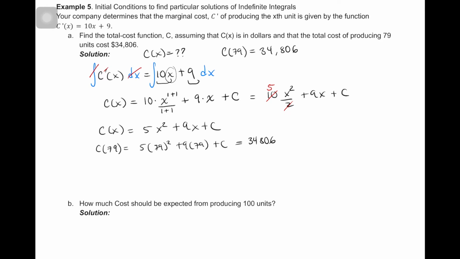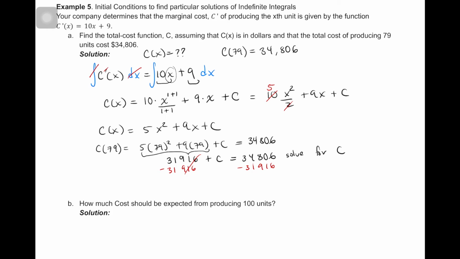So if we put this in the calculator, we should get roughly 31,916 plus c equals 34,806. And then we gotta solve for c. So what do we do here? We just subtract 31,916 on both sides of the equation.